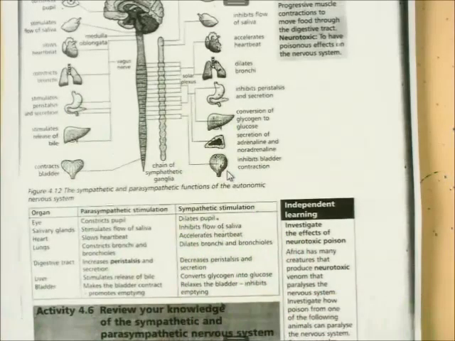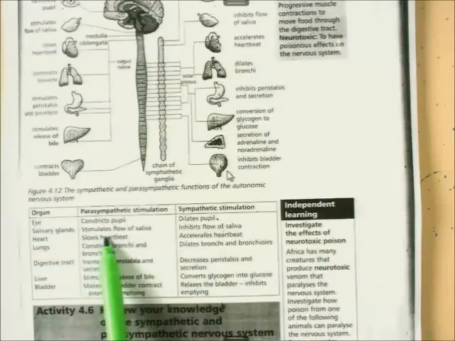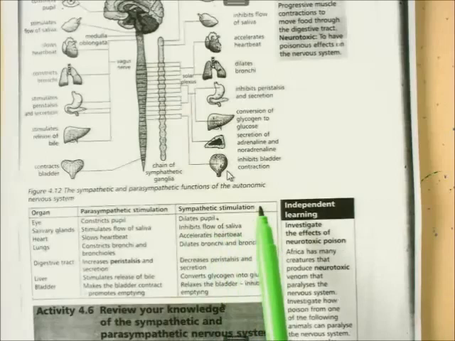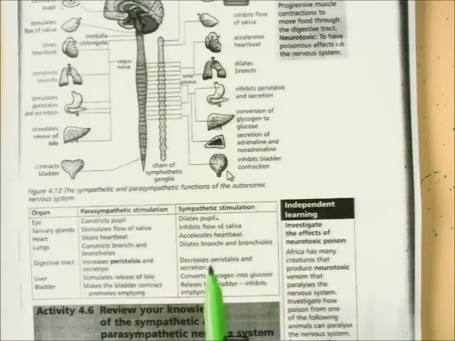We have an organ such as the heart. The parasympathetic stimulation will cause your heart to beat very slow. But the sympathetic division will cause your heart to beat very fast.